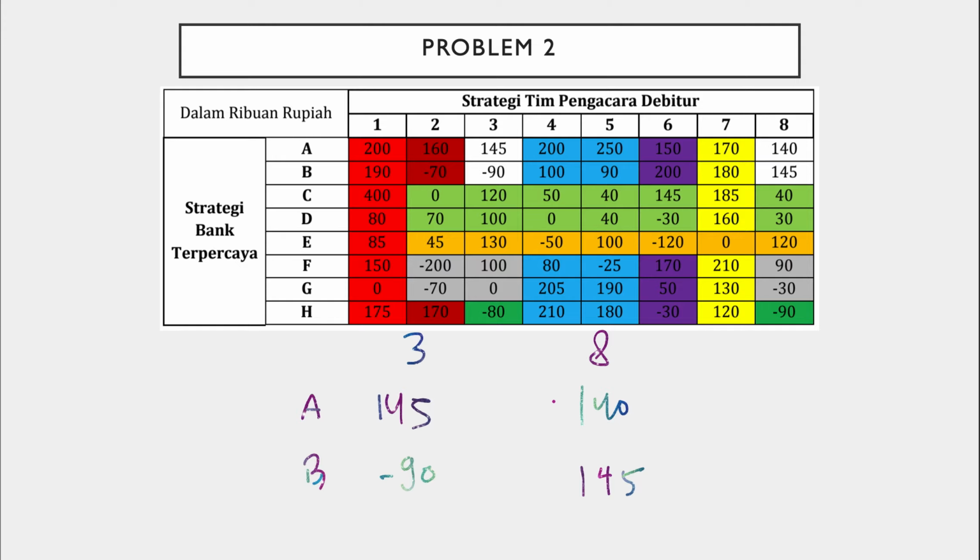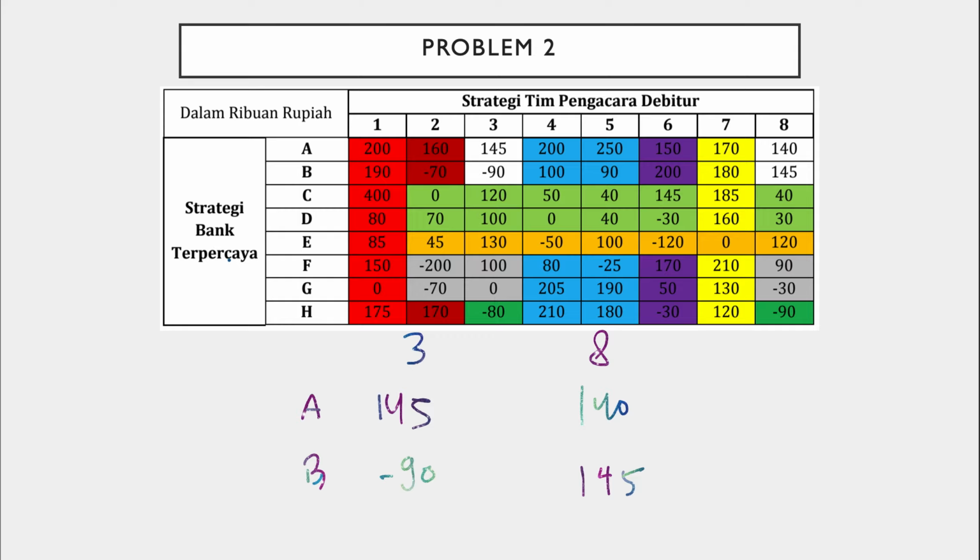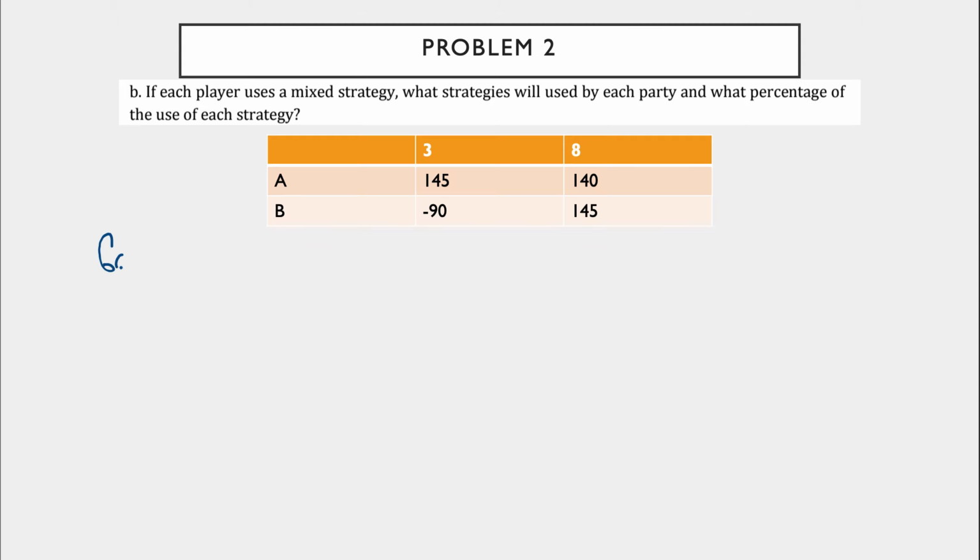Because you have this 2 by 2 matrix now, you can find the percentage of use of each strategy. Looking from Bang Terpercaya's side, we assume that the attorney will use strategy 3 and strategy 8.